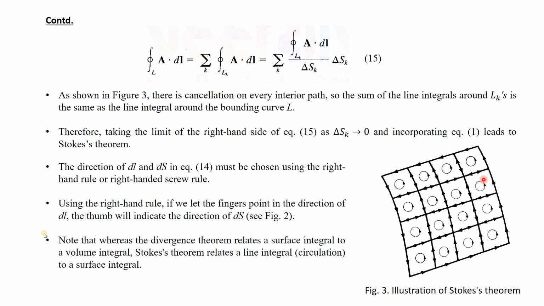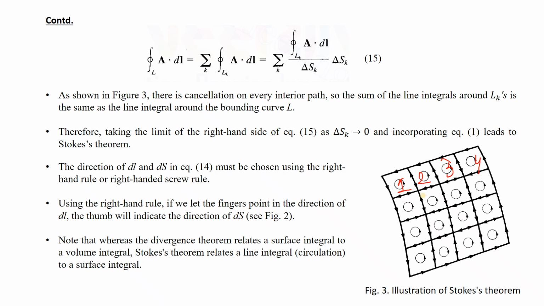So if the cells are having their own length dl, if you take the closed line integral, closed line integral means line integral of this part plus line integral of the second part, second cell.